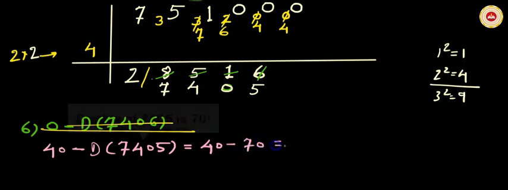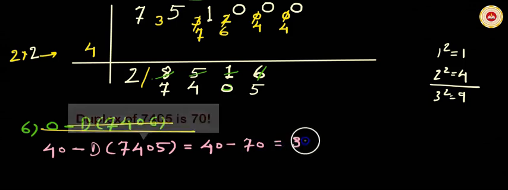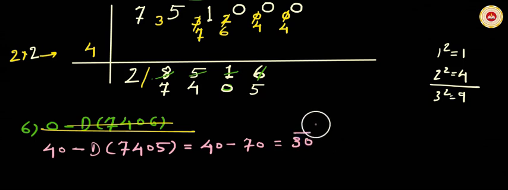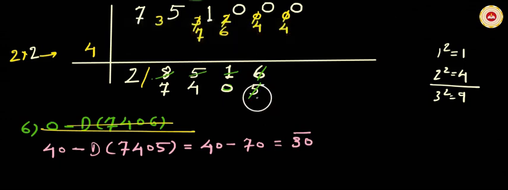This time also we are getting negative net dividend. So minus 30. Let us again reduce it by 1 and write 4 here. Increase, that is, add the divisor to this 4 and write 8.